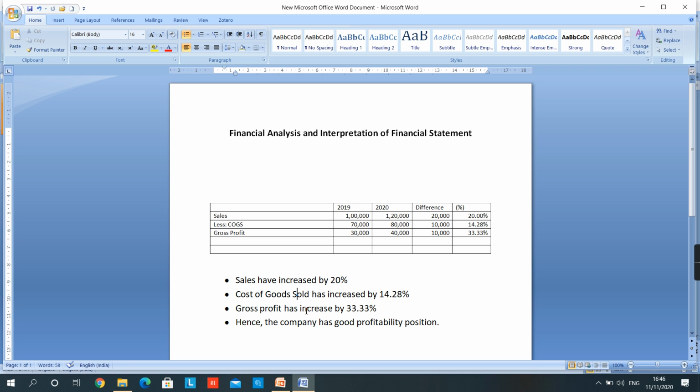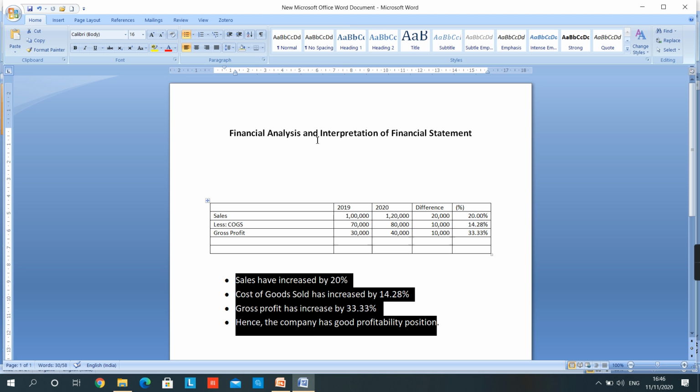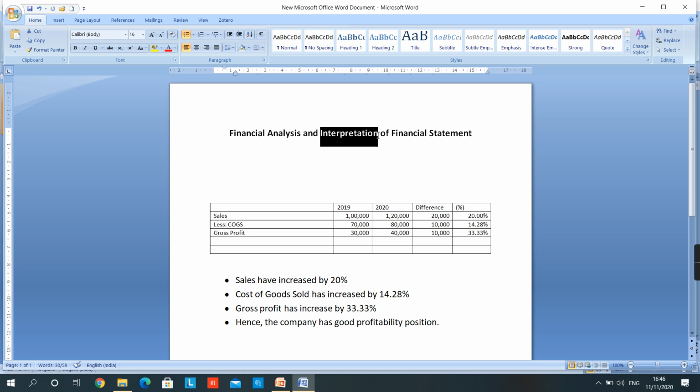As a result of that, the gross profit has increased by 33.33%. So this part we call financial interpretation. I hope you have understood what is financial analysis, financial interpretation and financial statements.